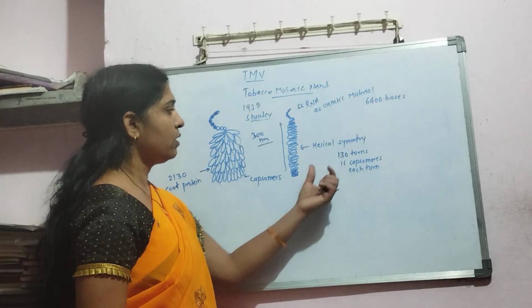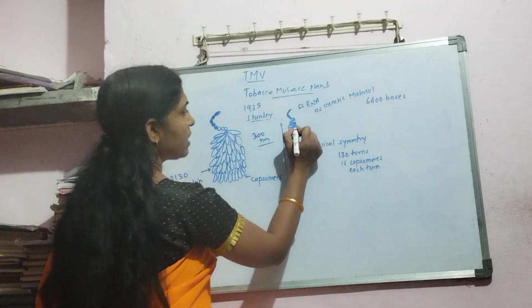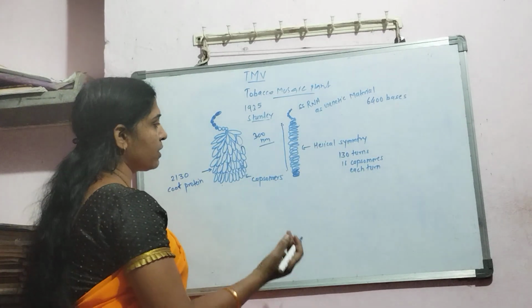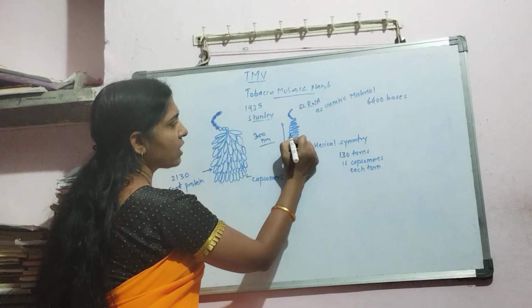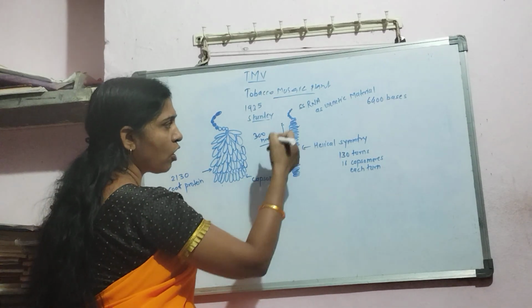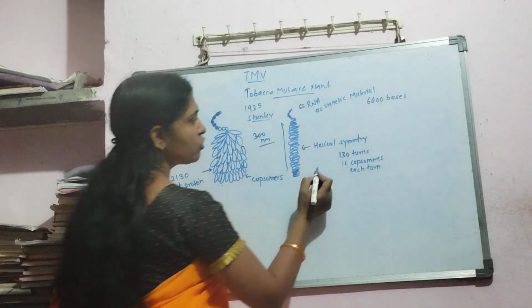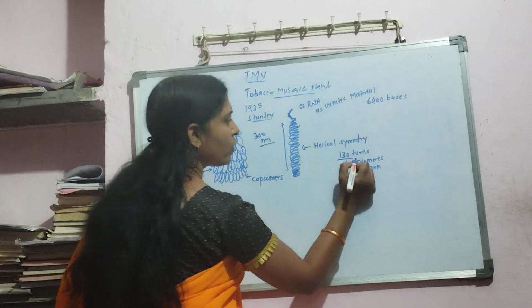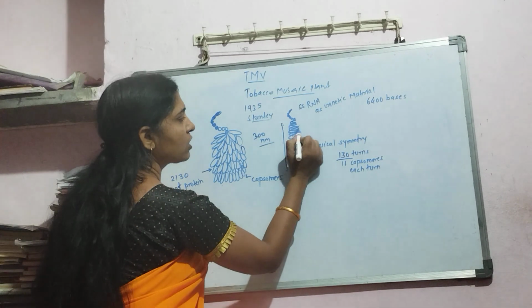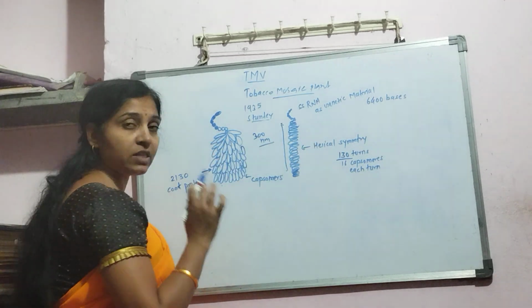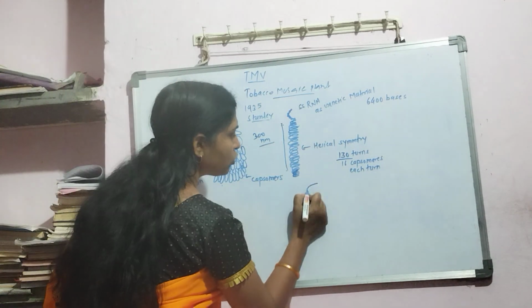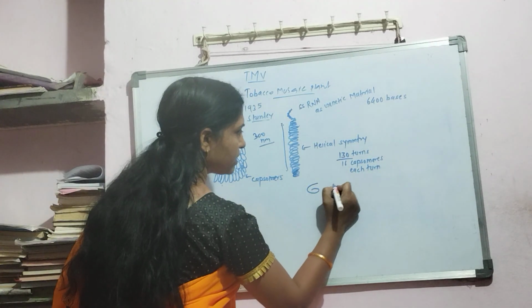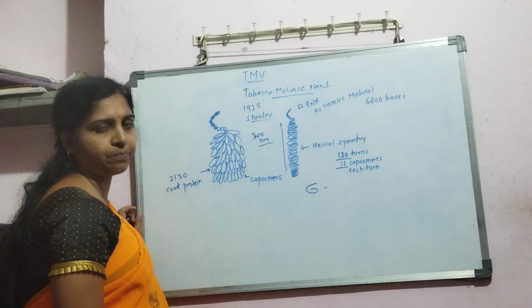During the formation of this helical symmetry, you can observe the turns of this RNA being formed. Within one virion there are 130 turns, and within each turn there are 16 capsomers.